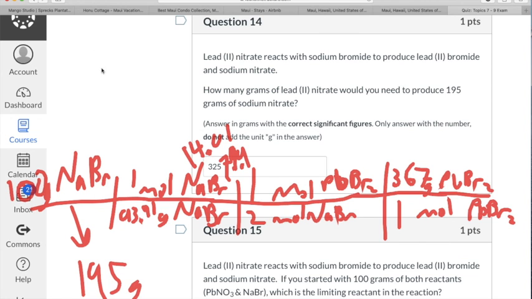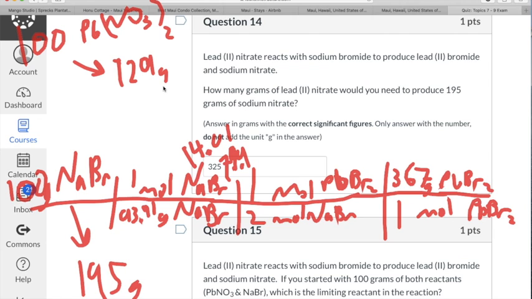The other one was 100 grams of lead nitrate, and I only made 129 grams of my PbBr2.